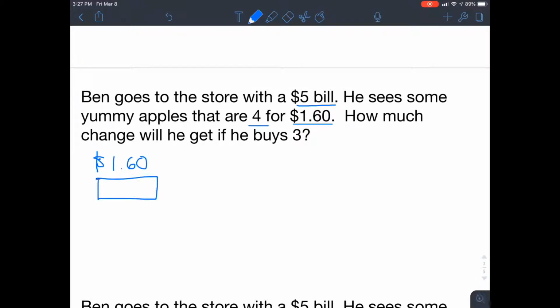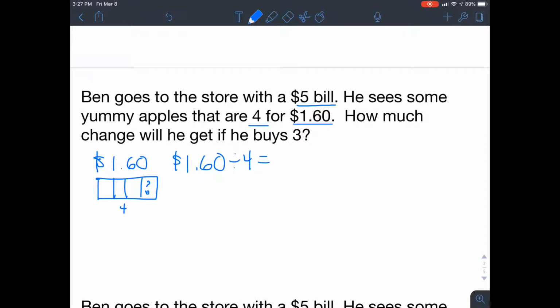And 4 of them, 1, 2, 3, 4, 4 of them are $1.60. I'm looking for how much 1 is, just 1. So if $1.60 is my total, and I'm dividing that into 4 parts because I have 4 apples, I do just that. I do $1.60 divided by 4.